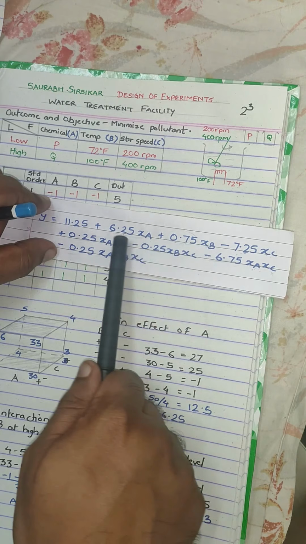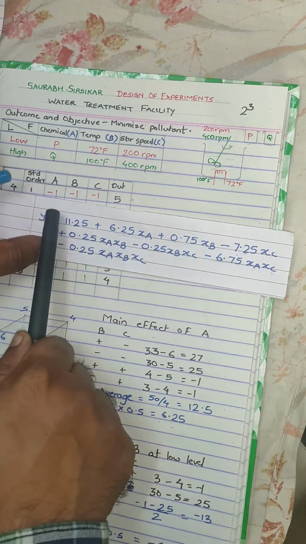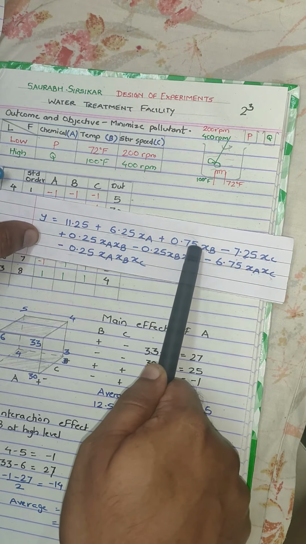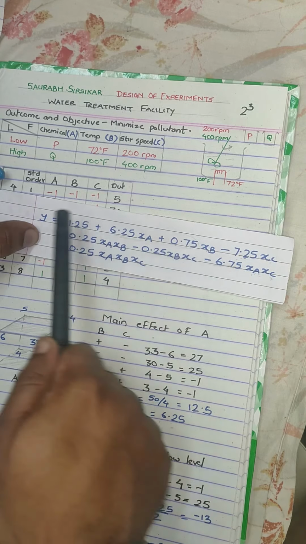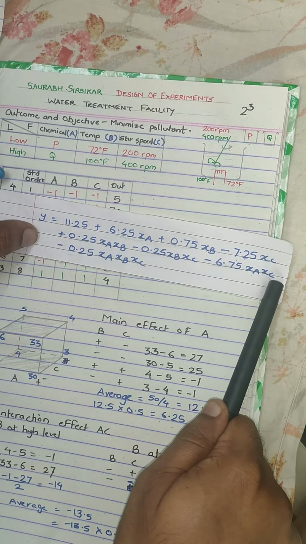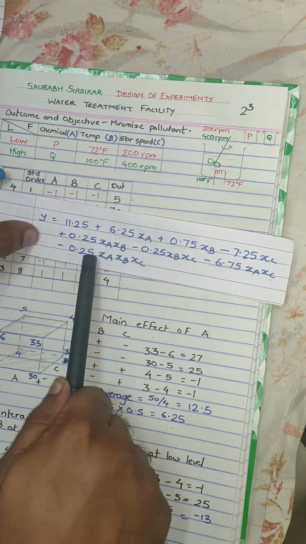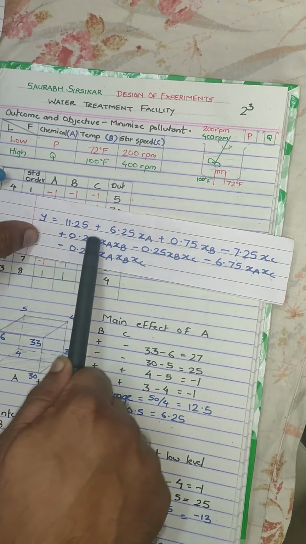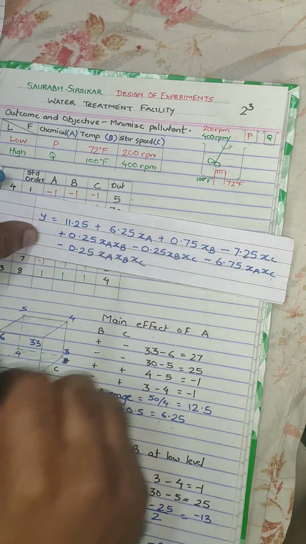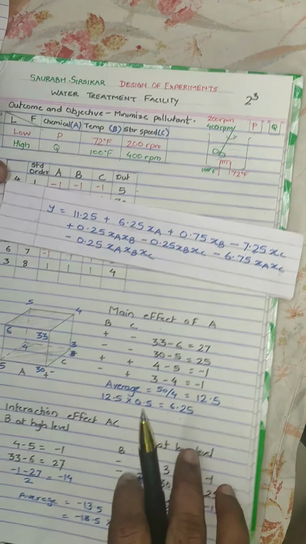So what we can say is factor A and factor C are significantly affecting the outcome, whereas factor B is not as much affecting the outcome. Similarly, the interaction between A and C is playing a significant role, whereas the other interactions are very weak. So they are negligible, so we can ignore them. This is what we come to know after we do all this kind of exercise.